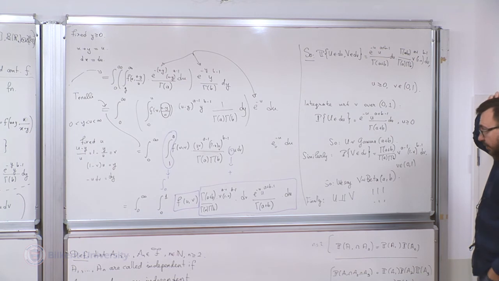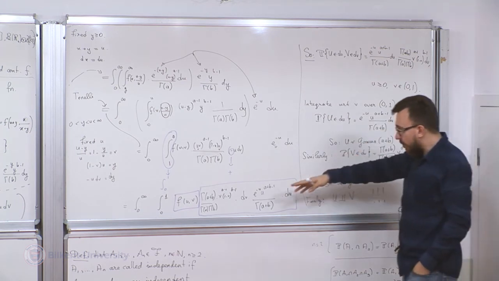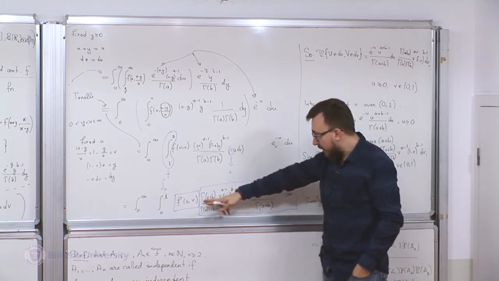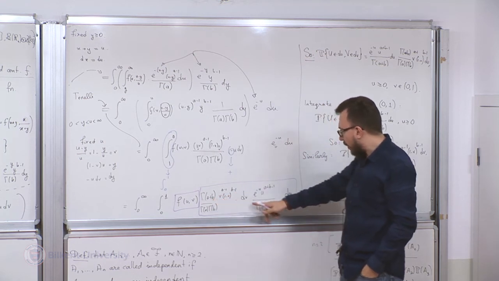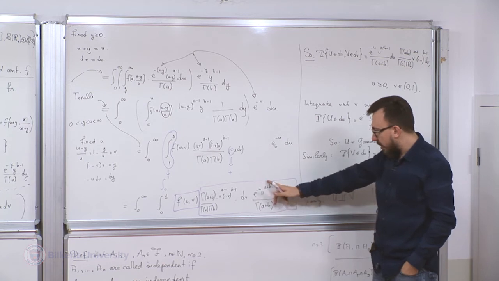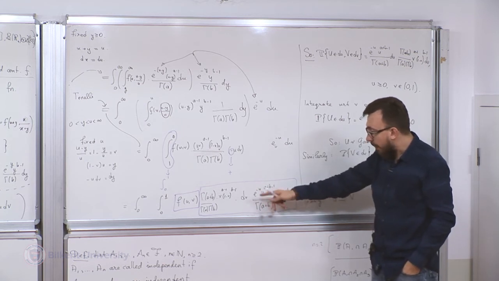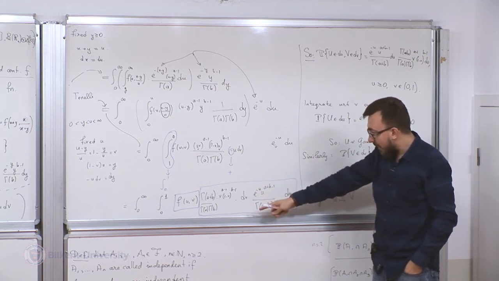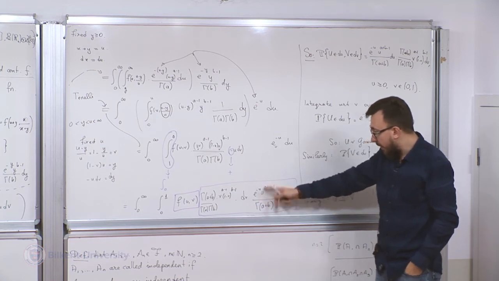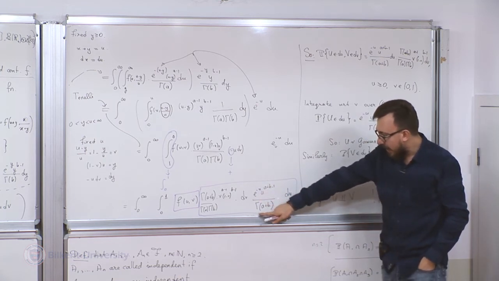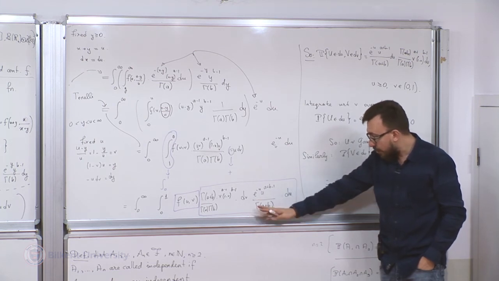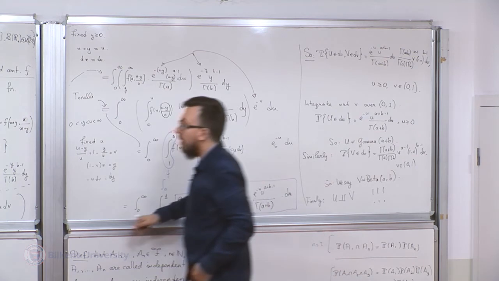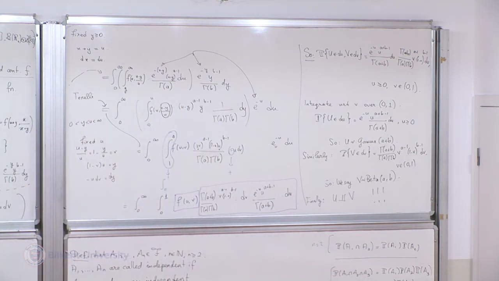So the only actual trick here is to make up this gamma a plus b, but the intuition for this is that you want to have a gamma distribution here. So in order to have a probability density function, something that integrates to 1 from 0 to infinity, you really need that constant. Otherwise, this would be a finite measure, right? You want to have a distribution, so you want to have this correction term, like here.